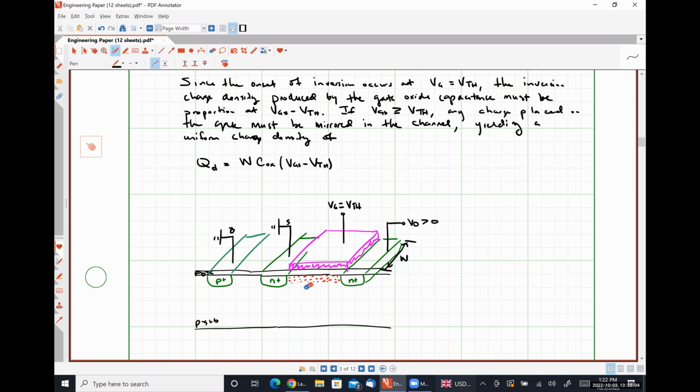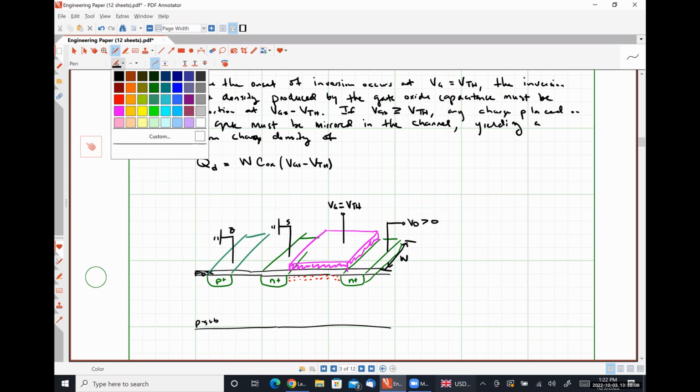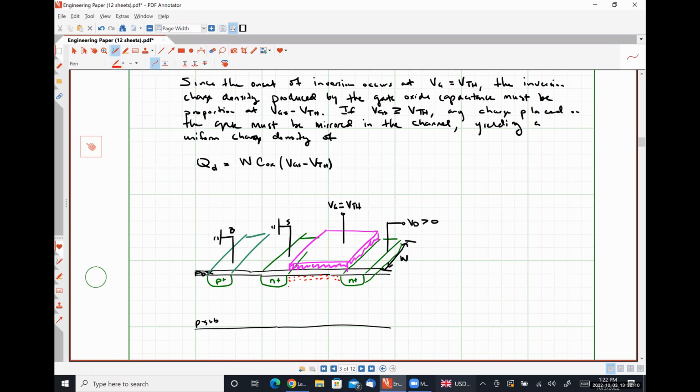So effectively, let me erase some of this, and I'm going to try to encapsulate this with this line. This is telling us where the edge of our channel is.